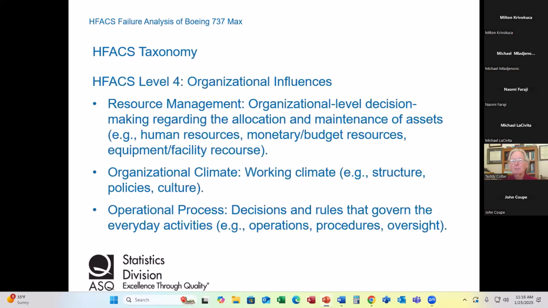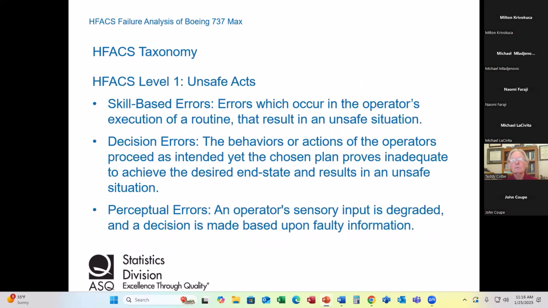Now the manifest failures, which is what we typically can get at in our current failure mode analyses, are the unsafe acts themselves. Skill-based errors are errors which occur in the operator's execution of a routine that make an unsafe situation.